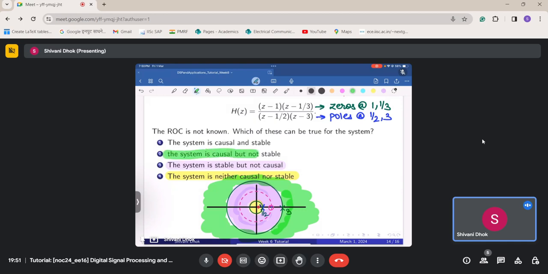So the system will be causal but not stable. Now any of these three possible regions of convergence won't give me a system that is causal and stable.